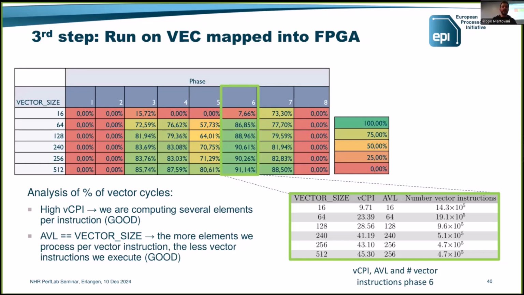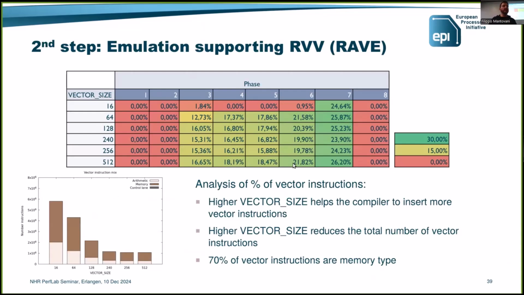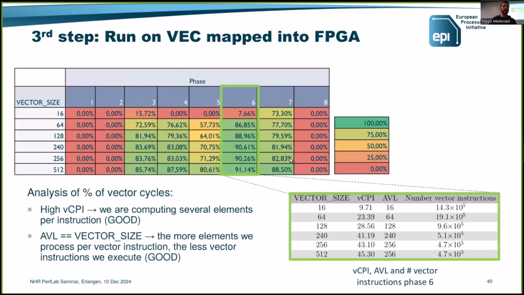You see that phase 6 has about 20% of vector instructions, and we are able to cover between 85 and 90% of the execution time. So you don't need many vector instructions to get a lot of benefit.